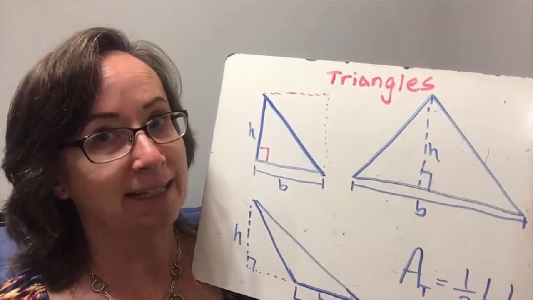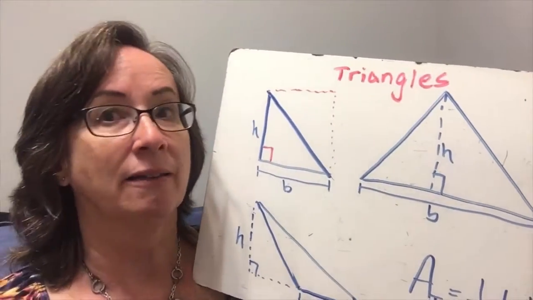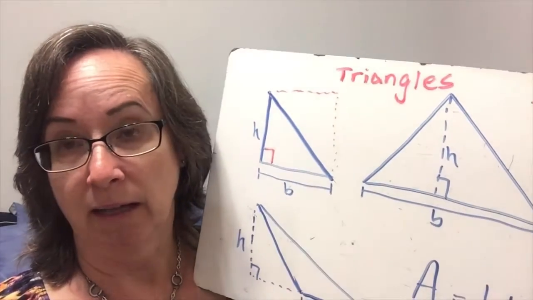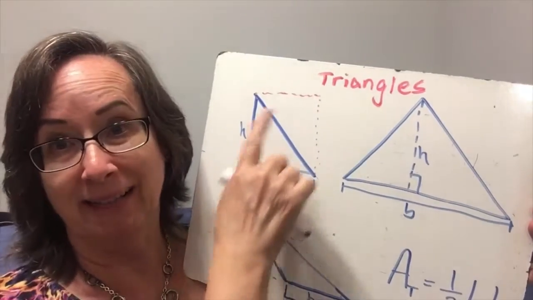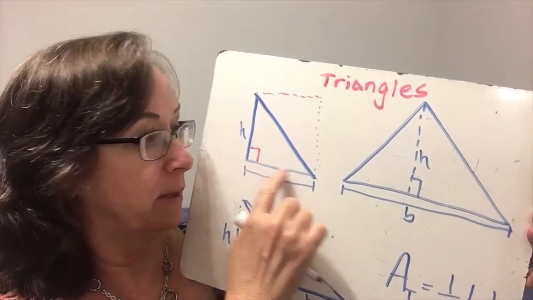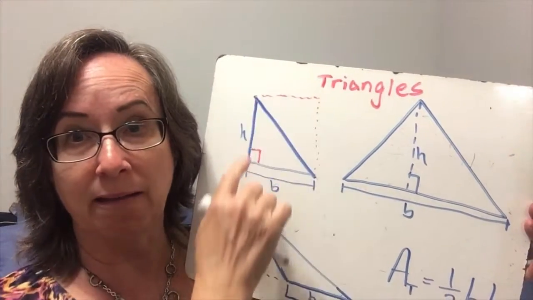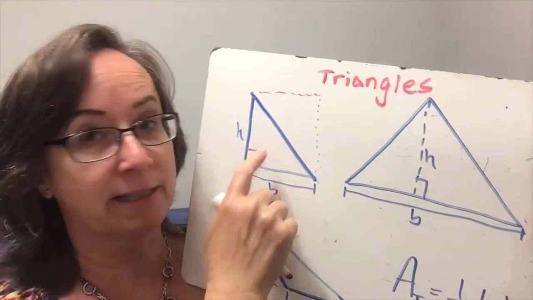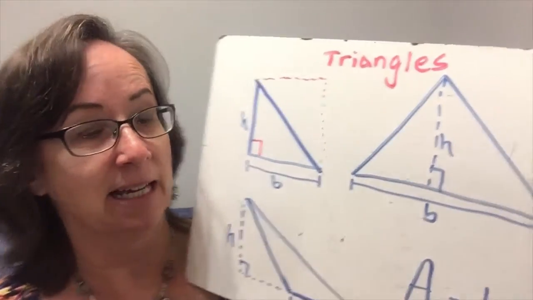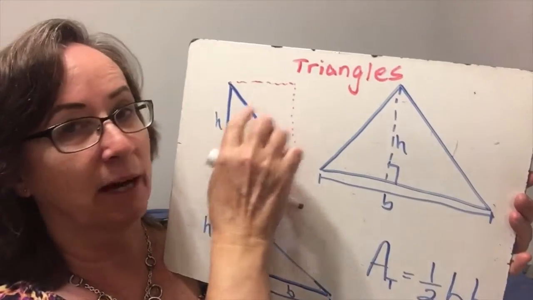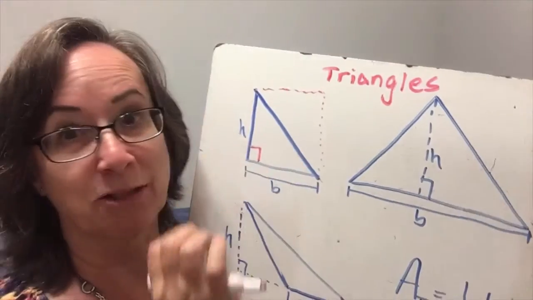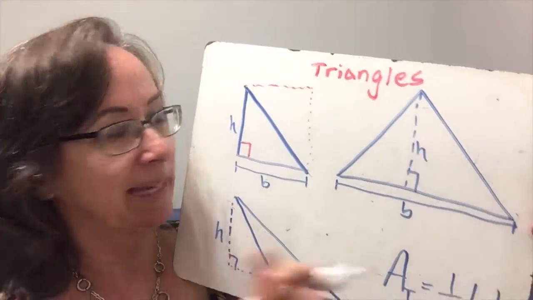Well, the area of a rectangle is the length times the width, which in this case would be the base times the height. But our triangle is half of that, because this rectangle is double the triangle that we started with. Can you see that?